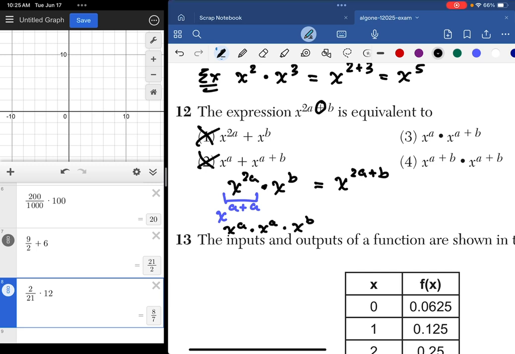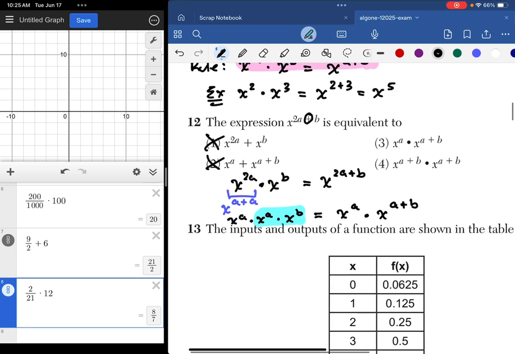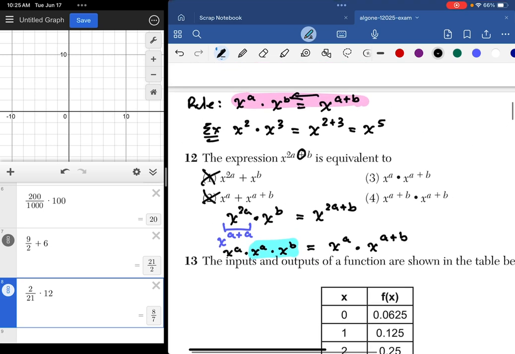And what they did was they got a little wise with this, and they said, okay, well, let's regroup, making this kind of a tricky problem. We'll put these two together and use keep the base, add the exponents, x to the a times x to the a plus b. All right. Now that's probably the most confusing way that they could ask a question like that.